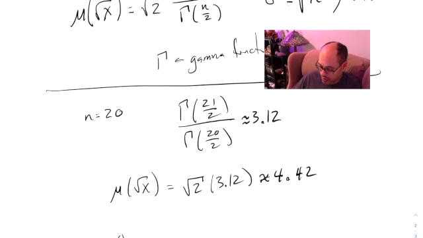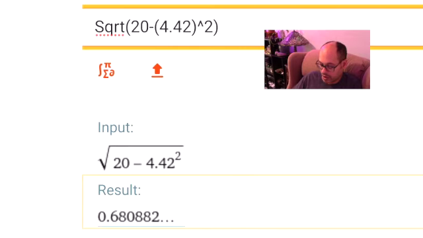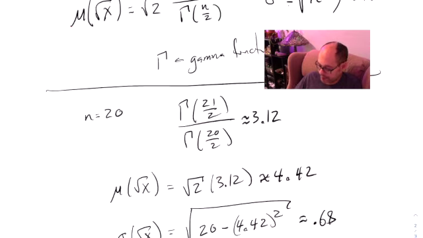The standard deviation is the square root of n, which is 20, minus 4.42 squared. So the square root of 20 minus 4.42 squared, and we see 0.68.